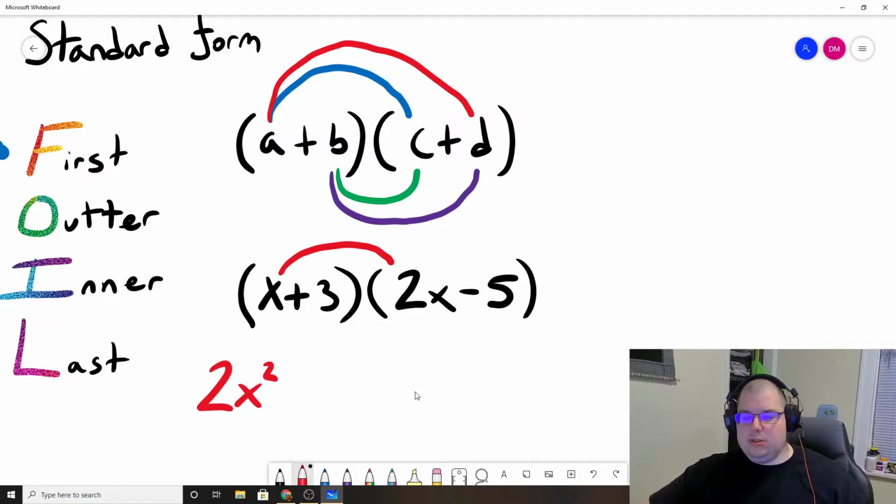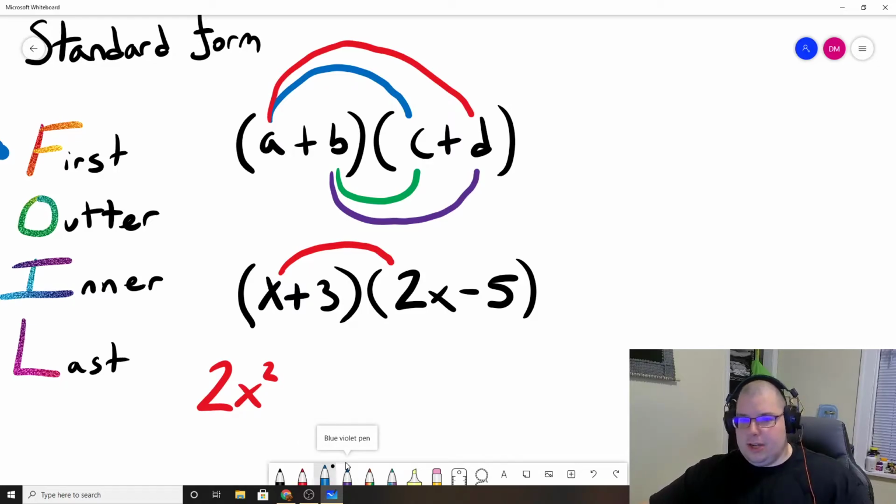Remember that when you're multiplying variables, you're adding the exponents together, but multiplying their coefficients together. So there's like a 1 here we don't write. So I do 1 times 2, which gives me this 2, and then x times x, which gives me x squared.